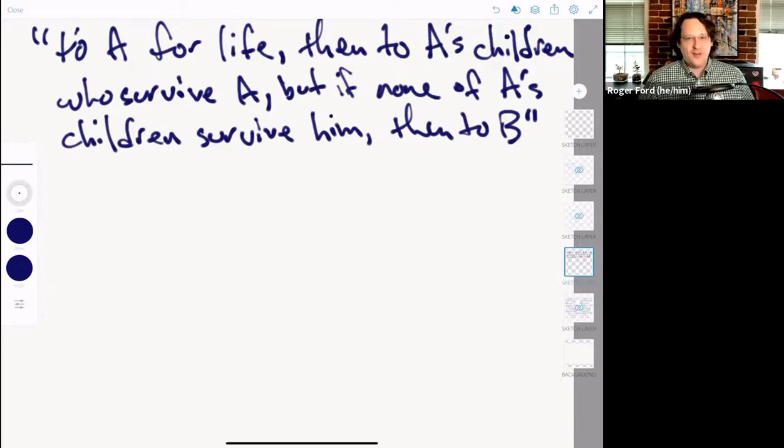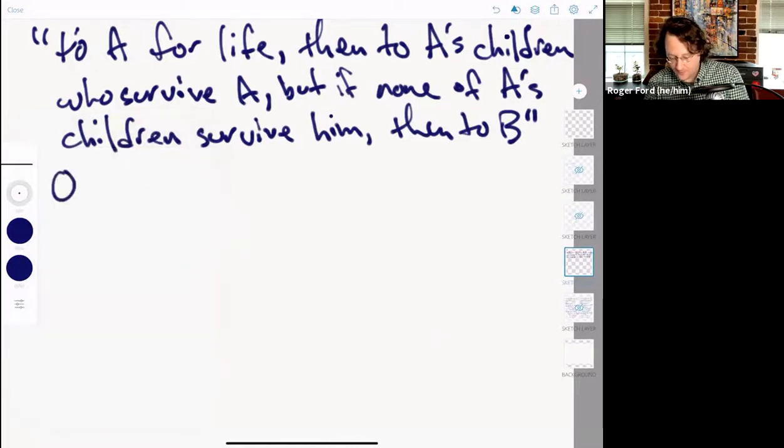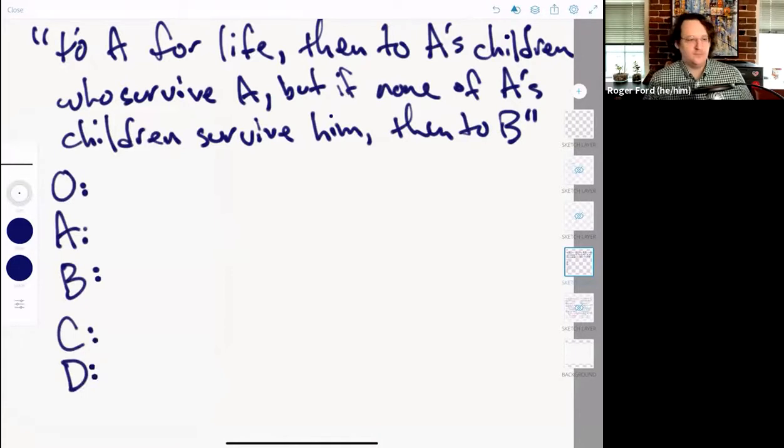And so as of the time of the conveyance, A has 2 kids, C and D. So write out the state of title, and then we'll discuss it.